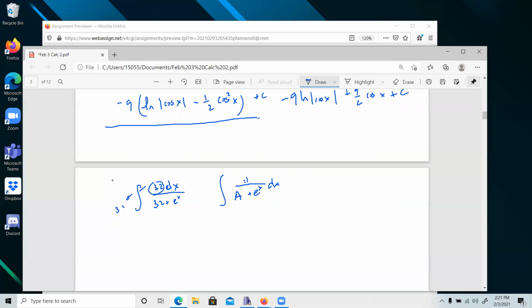So what we're going to do here, again, there's a couple of different ways to go. The way that I like to do this is we're going to multiply top and bottom by e to the negative x. Why would you do a crazy thing like that? Well, here's what's going to happen.